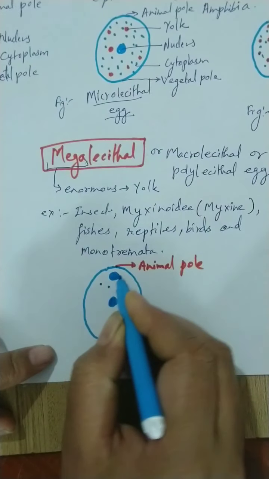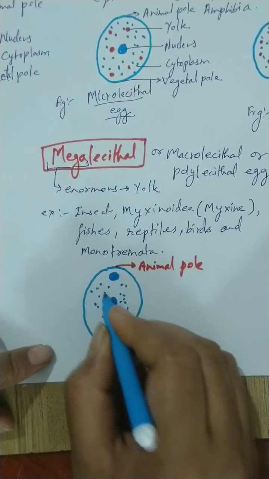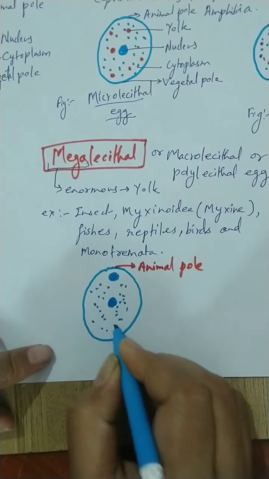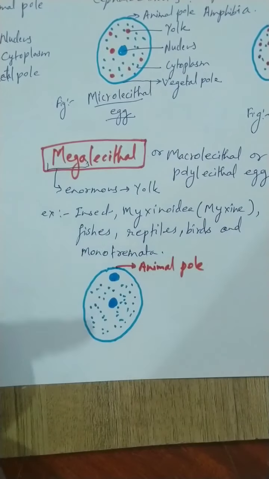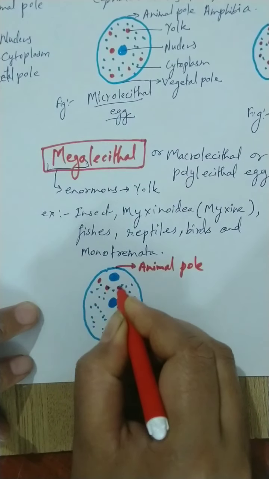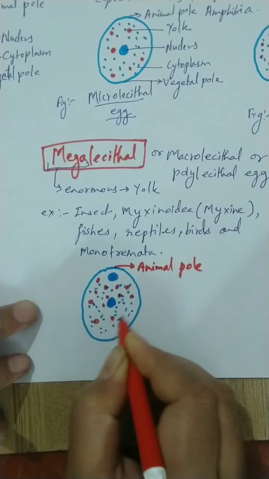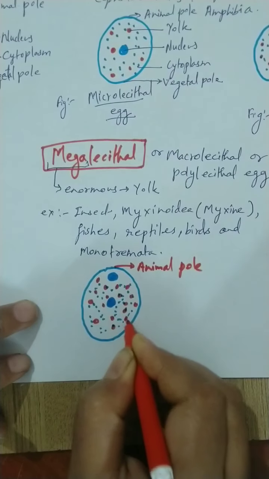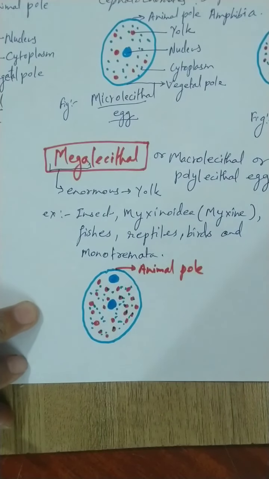This is the cytoplasm, and this is the yolk present inside. An enormous amount of yolk is present in the megalecithal type of egg.